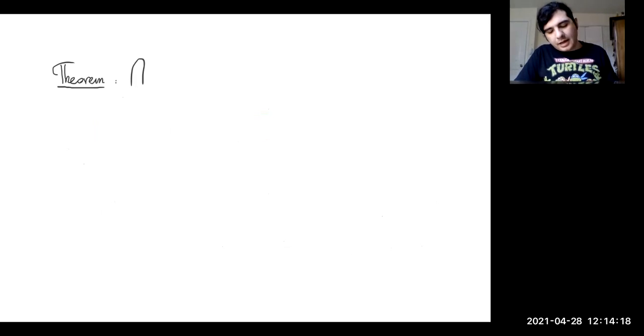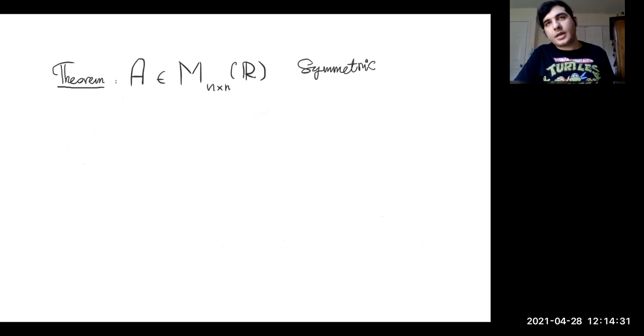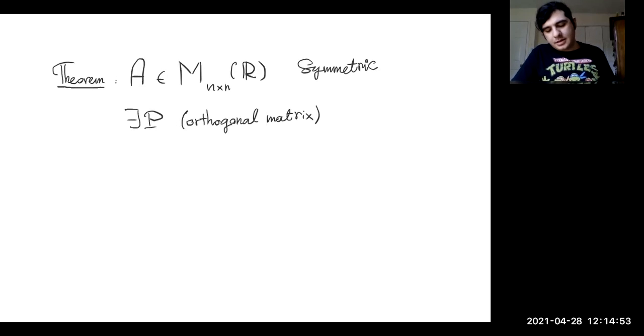So suppose again A is an n by n symmetric matrix over R. Now the interesting thing about A is that, as I mentioned, it's diagonalizable. So there is some invertible matrix P. More than that, I can assume it is an orthogonal matrix, actually.